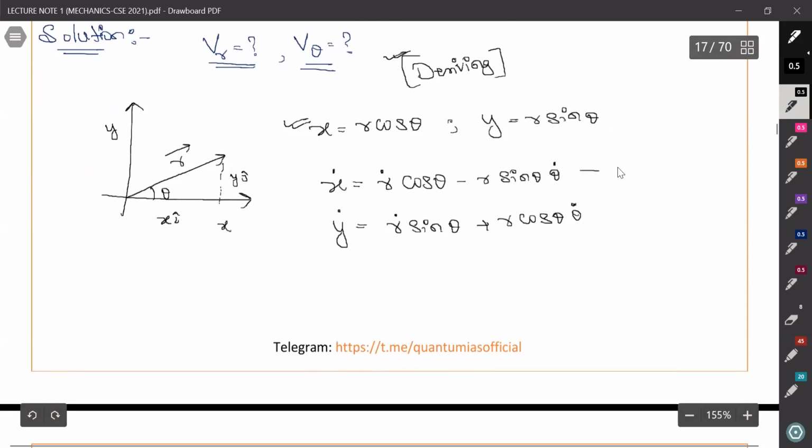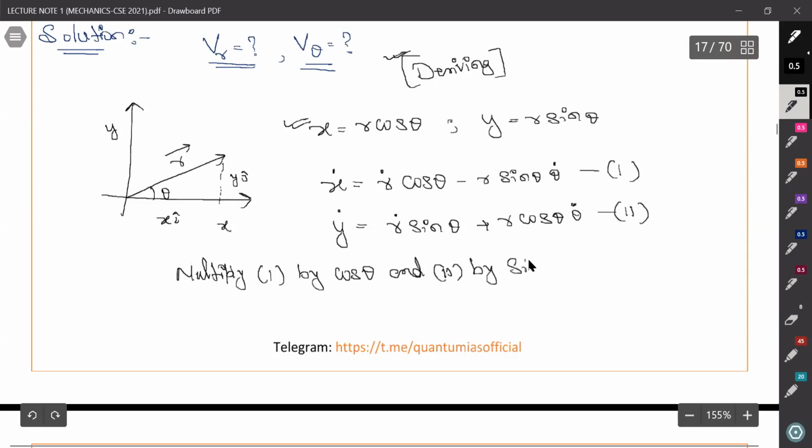So let's suppose this as the first and this as the second equation. We need to find r dot, right? So what we can do is multiply 1 by cos theta, because this becomes cos square theta, and 2 by sin theta, so this becomes sin square theta.